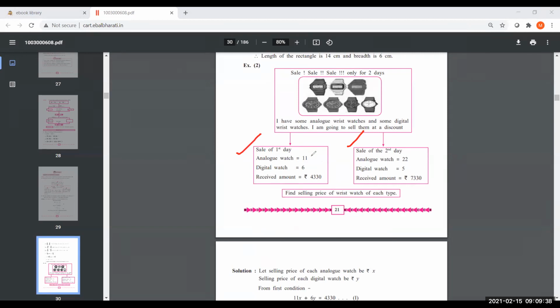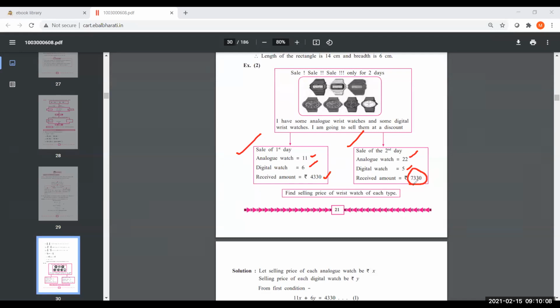Analog watches, the total sold was 11. For digital watches, 6 watches were sold, and the total amount she got is 4,330 rupees on the first day. On the second day, she sold 22 analog watches and just 5 digital watches, and the total she got is more than the first, that is 7,330 rupees.